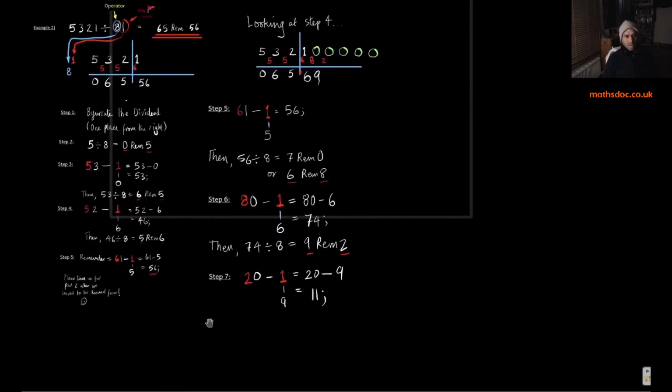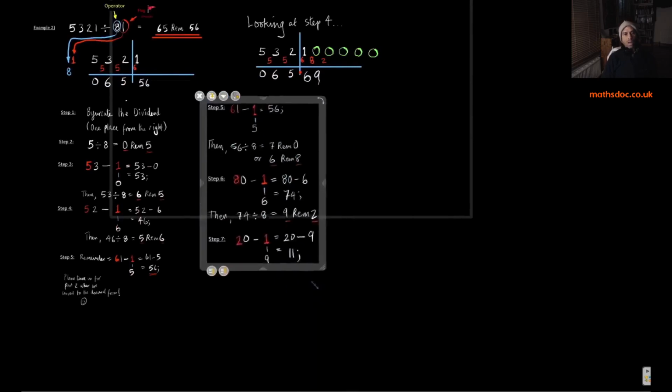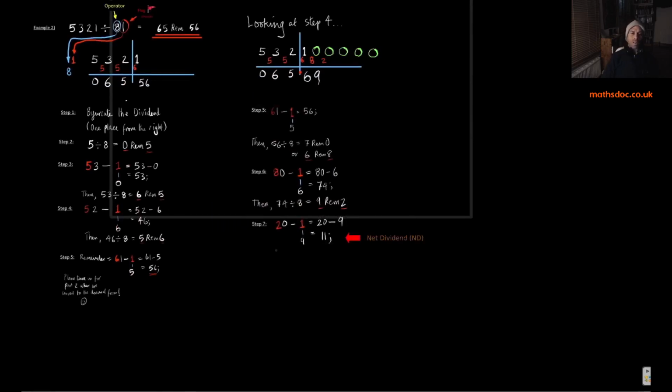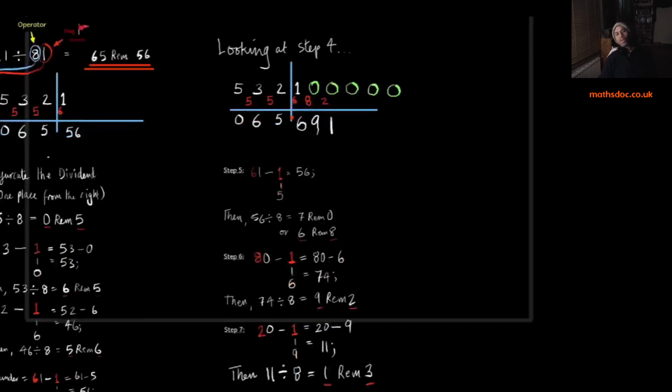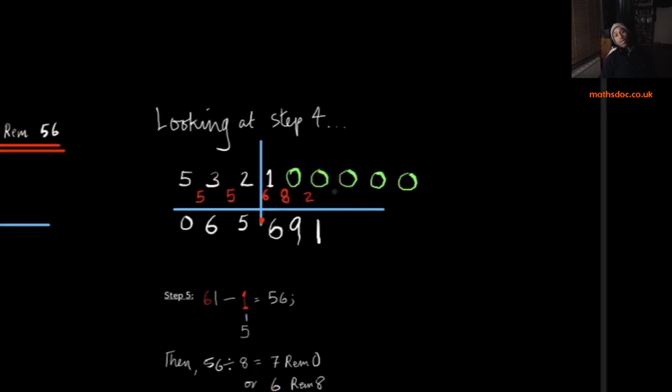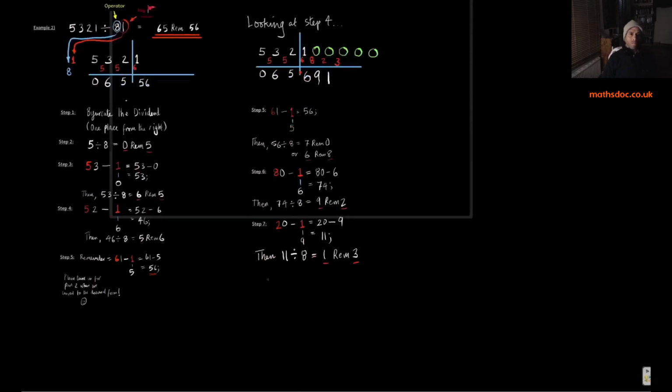That's our net dividend, and we're going to divide, after we squash it up a little bit, that net dividend 11 by 8, and that comes to 1 remainder 3. So put the 1 under the 0, and prepend the 3 to the other 0 to the right of that. Okay, as I say, we could just have loads and loads of zeros on the end, but we only need a few.